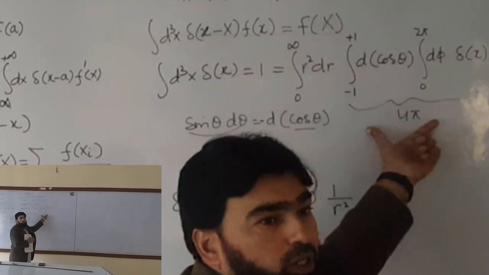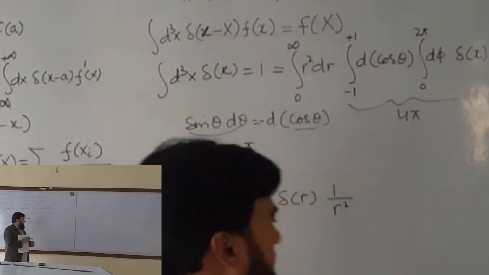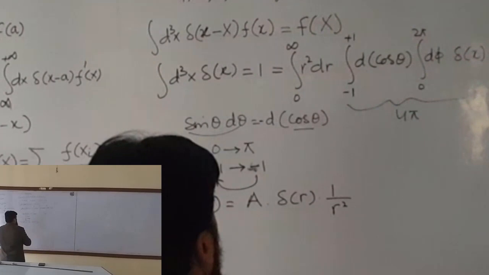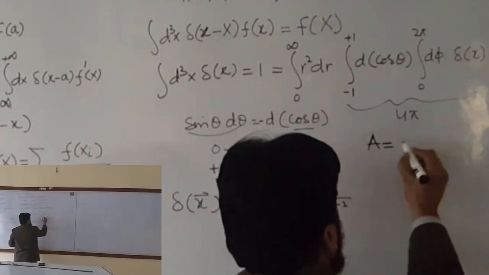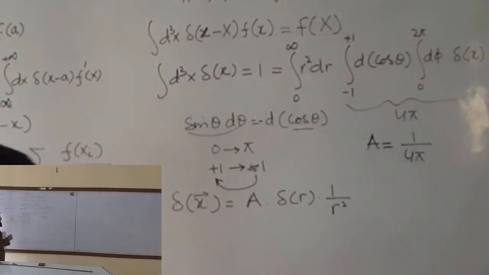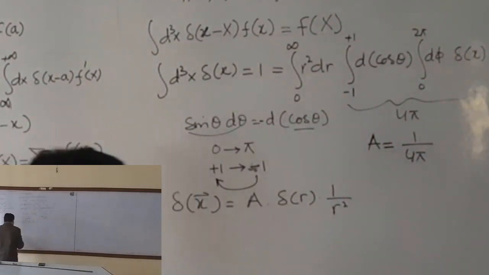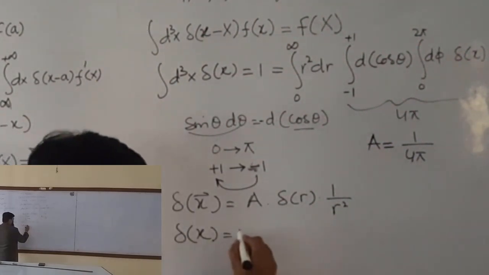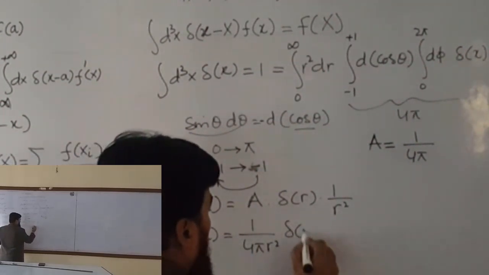Then it will be normalized, or dimensionally correct. Otherwise, our delta function conversion will not be right. Now, from here, I know that A inverse is equal to 4 pi, so A is equal to 1 over 4 pi. So I can write that delta x is equal to 1 over 4 pi r squared delta r.